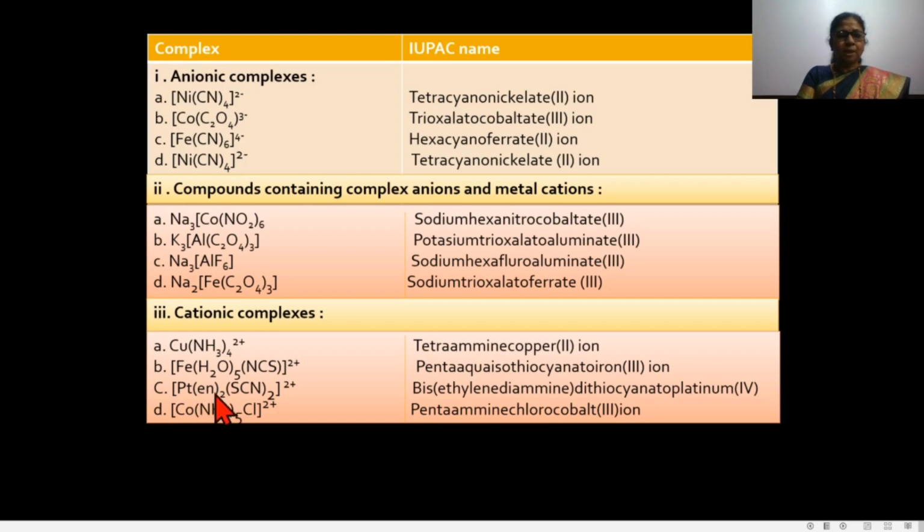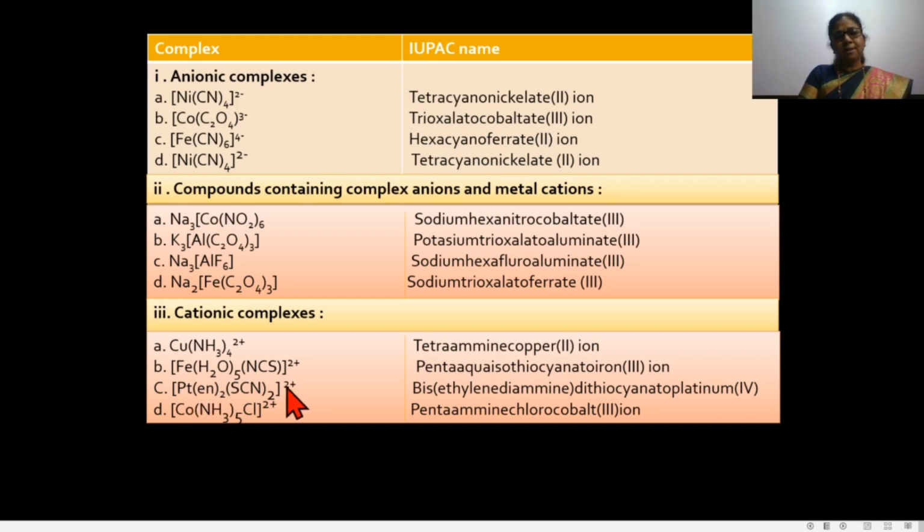Two groups of ethylenediamine and two groups of thiocyanate. In the name of this ligand, ethylenediamine, there is a di. That means there are also numericals. Therefore, in this type of example, use bis for 2.